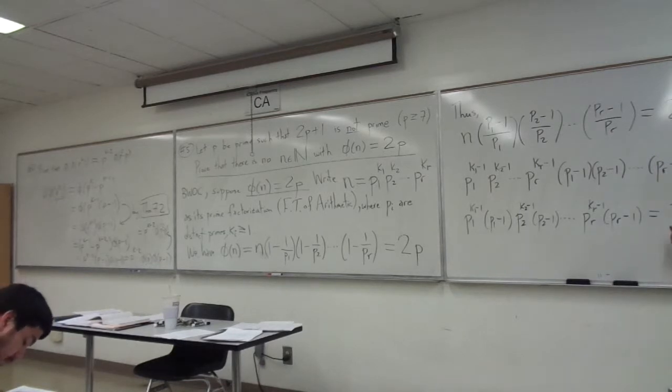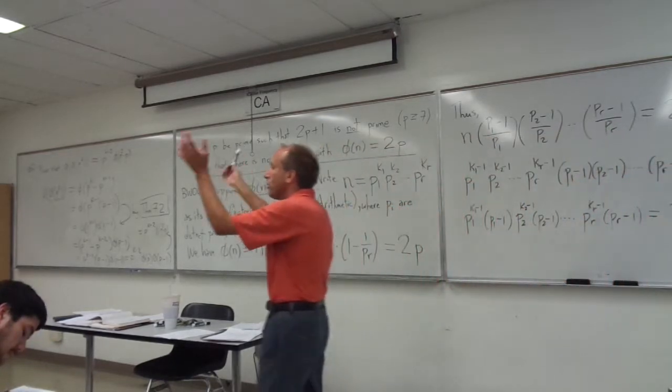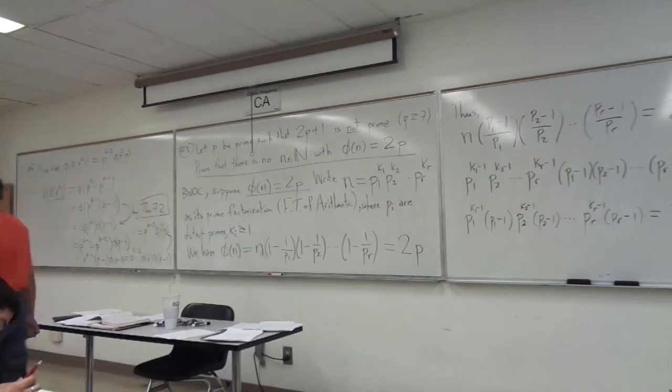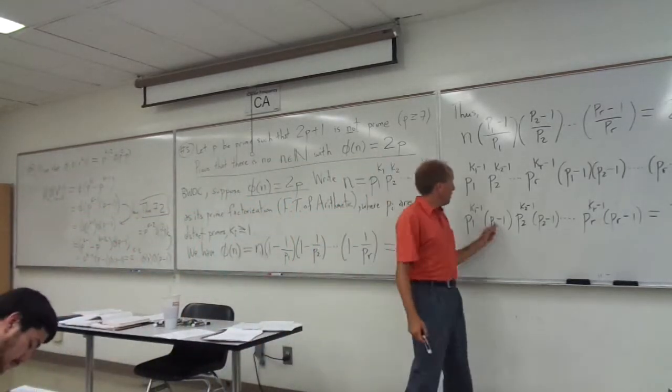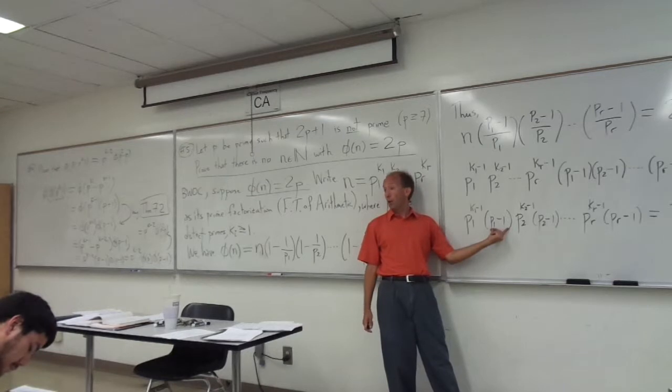So the number of factors of 2 here is only 1, right? If I had a prime like a 5 or a 7 or a 11 or a 13, if that was one of my primes, what would happen on the left-hand side? Yeah, so if P1 was 5, this would already be 4, right?